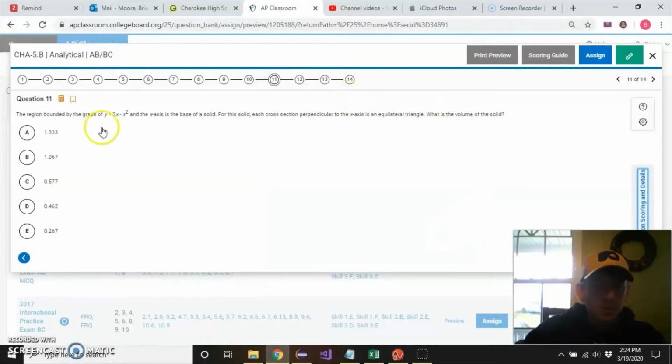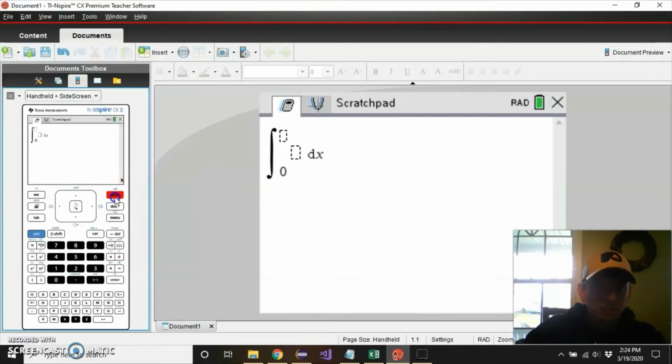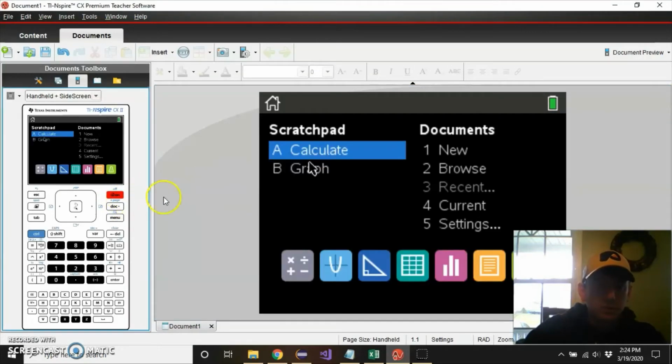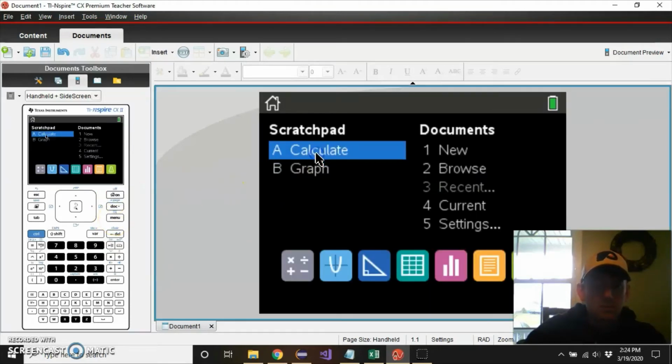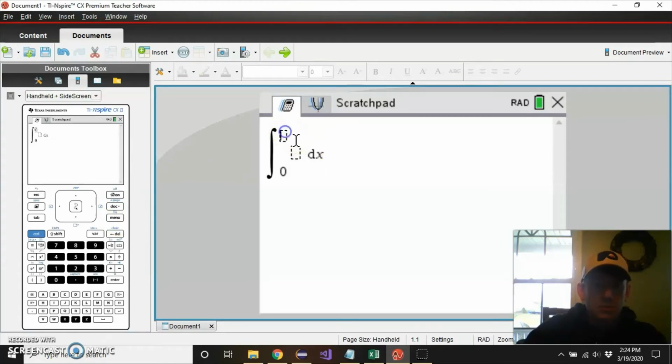Sorry, what's that going to be? 2. All right, so from 0 to 2, the side of the equilateral triangle is going to be, what was the function? 2x minus x squared.